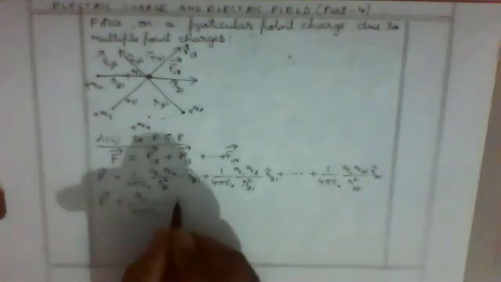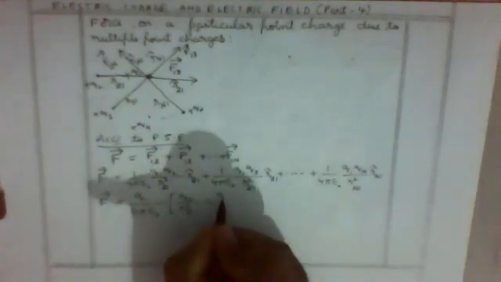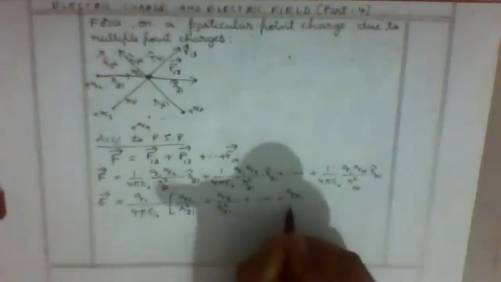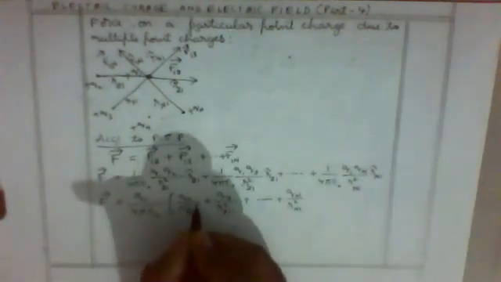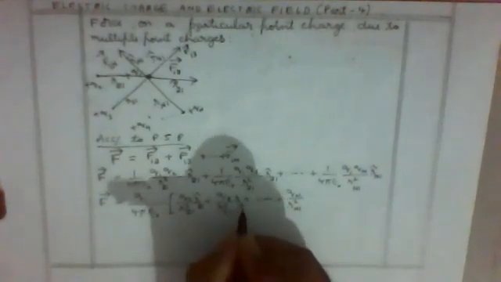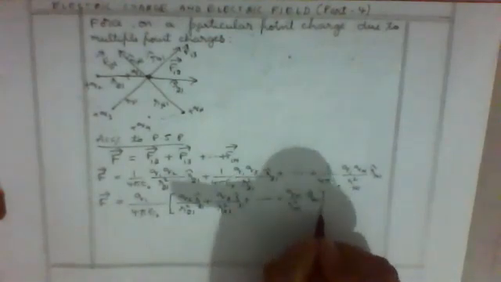The remaining is Q2 divided by R21 square plus Q3 divided by R31 square plus so on up to Qn divided by Rn1 square, into R21 cap, R31 cap, and Rn1 cap.